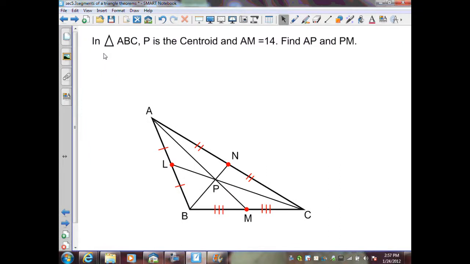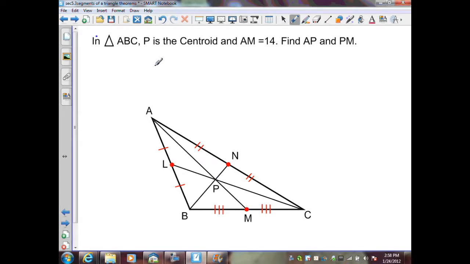In this example, we're given the triangle ABC has a centroid at point P, and we know that AM is 14. AM is 14, the entire length of the median. We want to find AP and PM. From theorem 5.8, we know that from the vertex to the centroid is 2/3 the entire median.